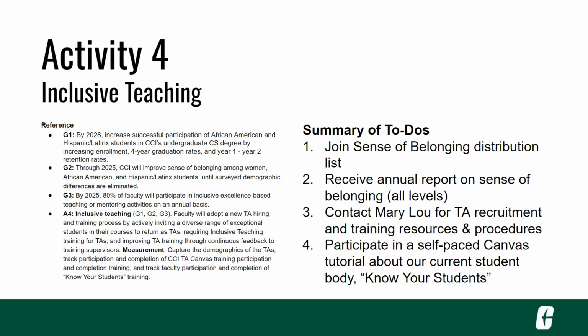There's just all this interesting information. So you can join a distribution list, and that is an annual report, and we'll let you know how our students are feeling on things like imposter syndrome or satisfaction with CCI, how often they meet with their TAs, and that's broken down by us versus other institutions, our men versus our women, and then majority versus URM populations.